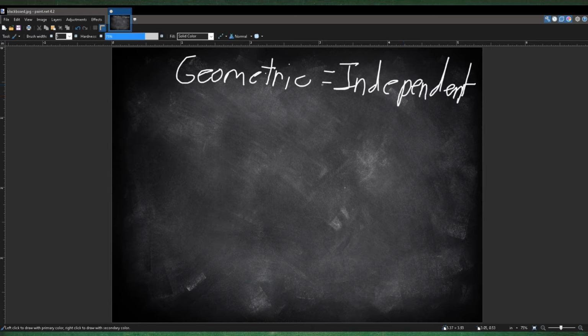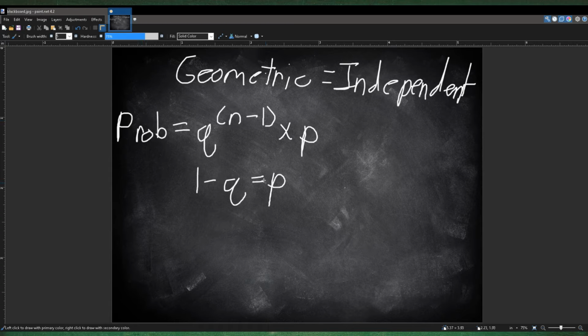Okay? So to calculate this, the probability, let's just call it prob so I don't confuse you, is equal to q raised to the power of n minus 1, times p, where 1 minus p is equal to q, and where n is equal to the number of trials.